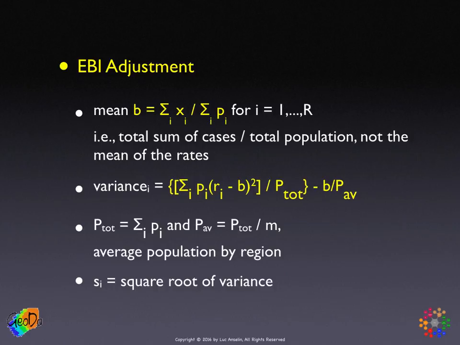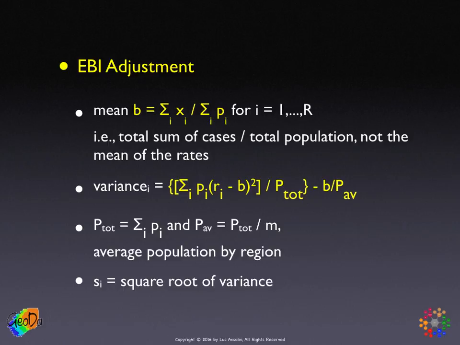There are a number of different approaches. One is to just ignore the subtraction. One is to set it to 0. There are a number of these, and that's a little beyond what we cover. But you see that the variance is a complex operation that involves the populations and the rate at i and the total and average populations in the region. You then take the square root of the variance, and then you're in business.